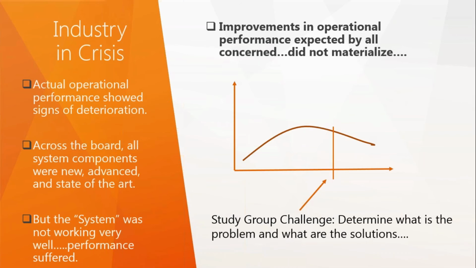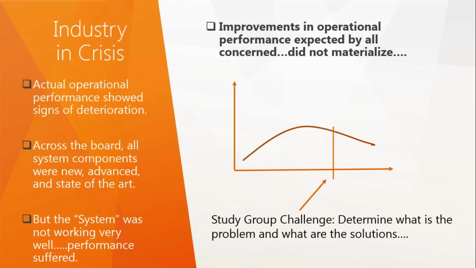So, on this next slide, industry in crisis. The actual operational performance, as I show on this graph, showed signs of deterioration. Across the board, all system components were new, advanced, state-of-the-art, and in place, but the operational performance was not improving.